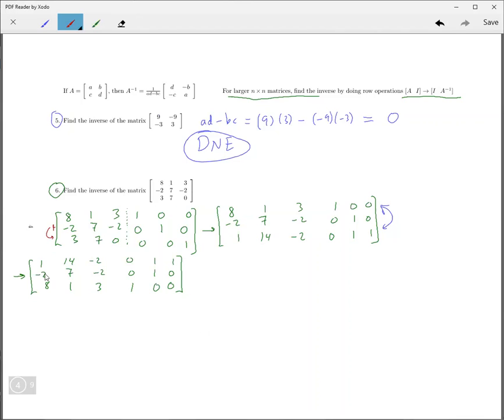Okay, now I'm going to multiply 2 by the top row and add to the second row, and I'm going to apply -8 to the top row and then add to the bottom row.